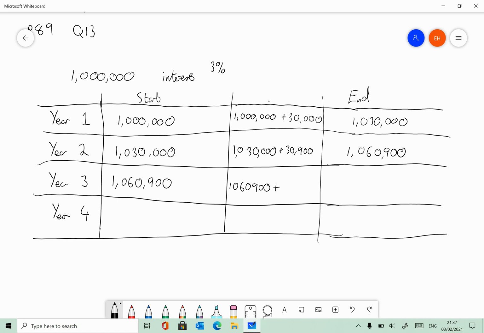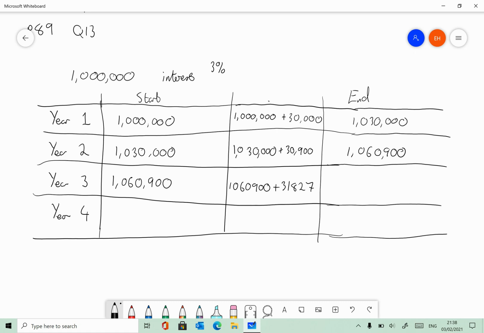So again, I have to find out 3% of what I begin the third year with. So it's 3% multiplied by 1,060,900, which is equal to 31,827. So to find out what I end the third year with, well, it's what I began the year with plus the interest.